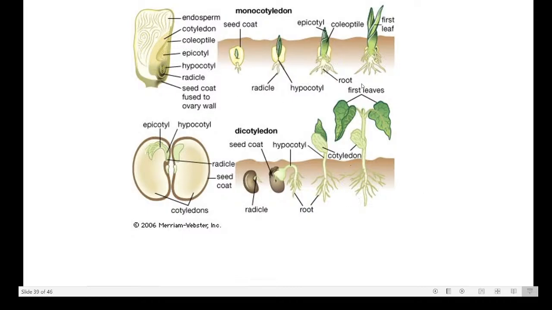In this image itself you can see that in monocotyledons the seed does not come over the soil, but in dicotyledons the cotyledon material comes over the soil.